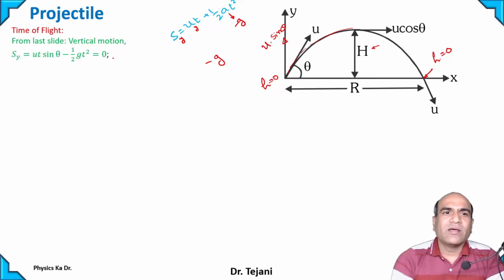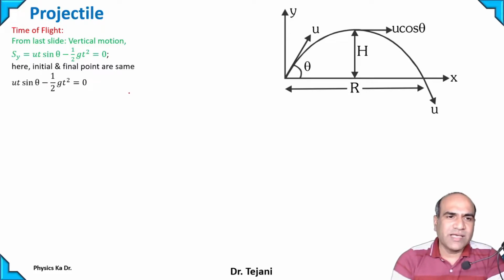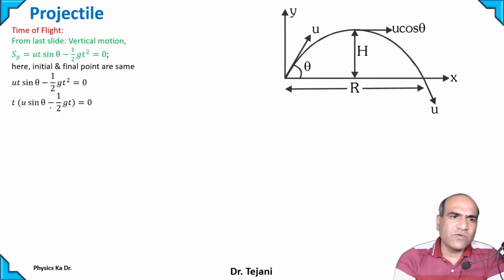For the entire flight, sy becomes 0 for both the initial and final conditions, since the initial and final points are the same. So ut sine theta is equal to 1 half gt square. Can we take t outside? Yes, of course. So it becomes t times (u sine theta minus 1 half gt).